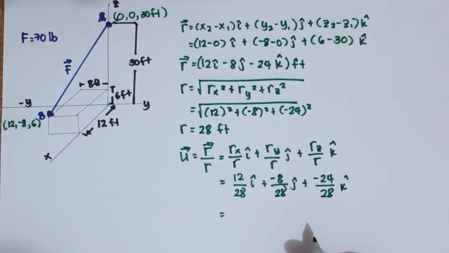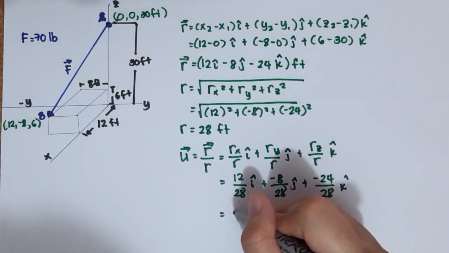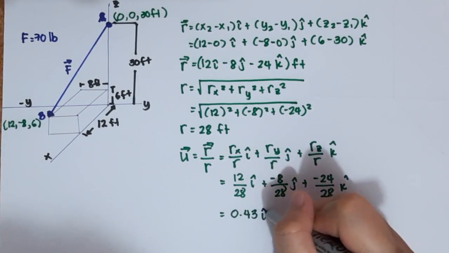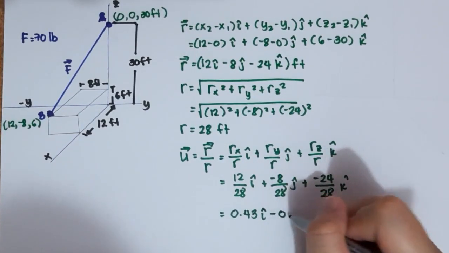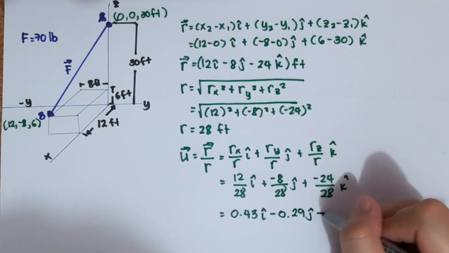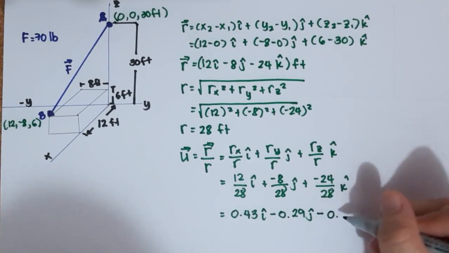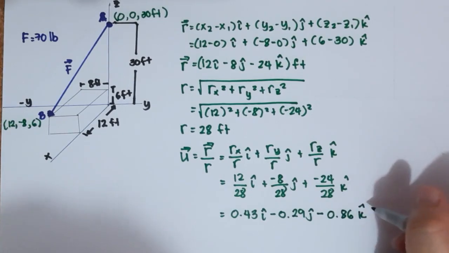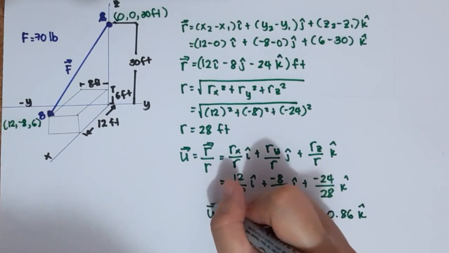And this will be, 12 divided by 28, so that is 0.43 i hat minus 0.29 j hat minus 0.86 k hat. And this is now your unit vector.